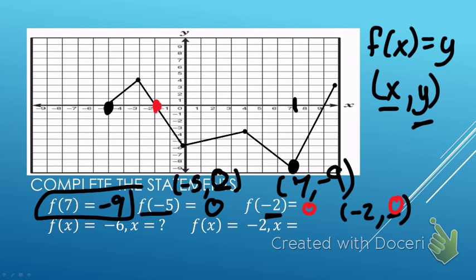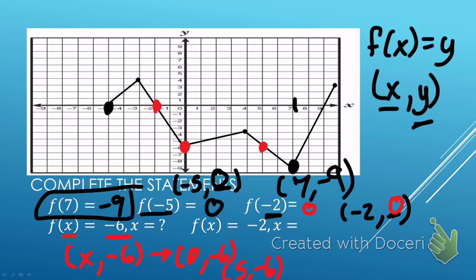Now when we look at the next two, x is blank, but I have a y. So I need to complete the statement and find an x that has a y coordinate of negative 6. When I look at this, I can say, well, 0, negative 6 works. But I can also say, don't we have negative 6 over here at 5, negative 6?